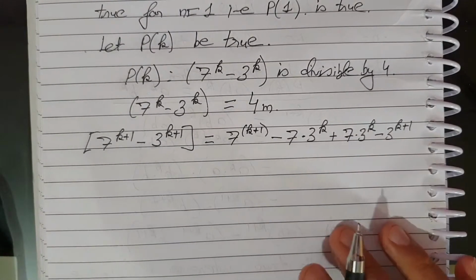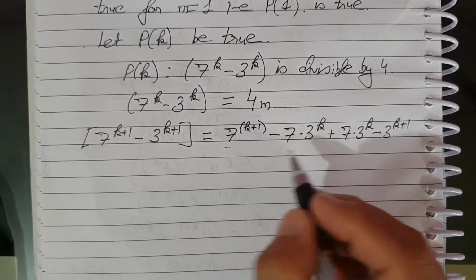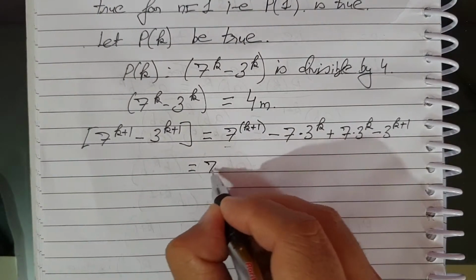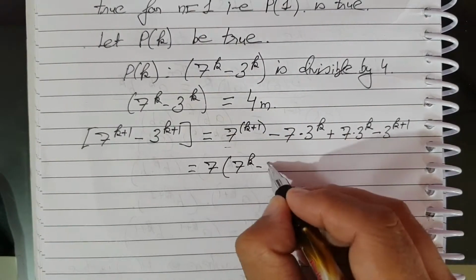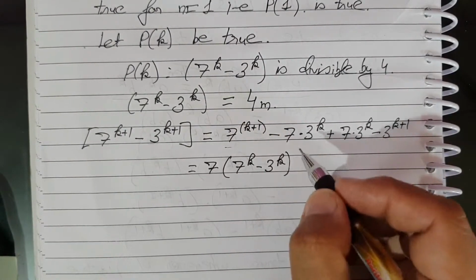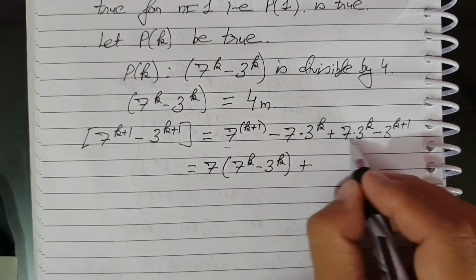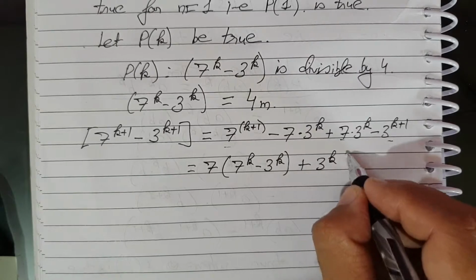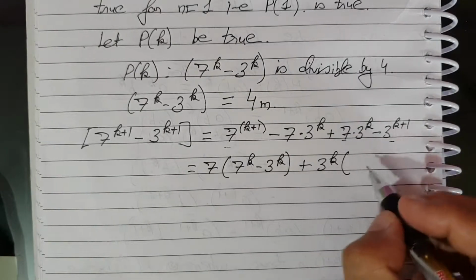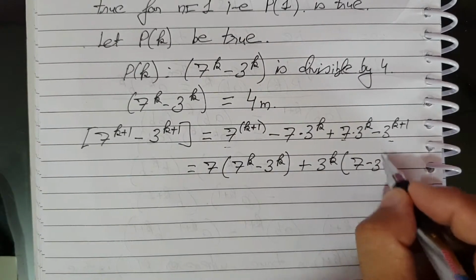Okay, our next step is to take 7 common from this. So if you take 7 common from this, this will be 7 to the power k minus 3 to the power k, plus what you can do is that from these two you can take 3 to the power k common. So this will be 7 minus 3.